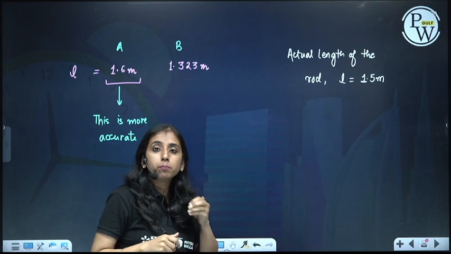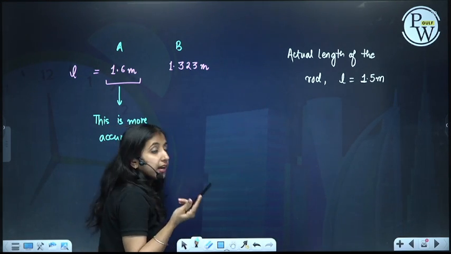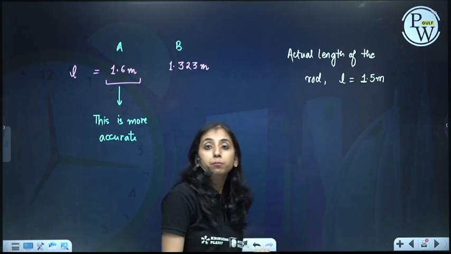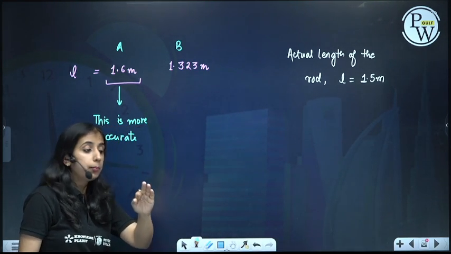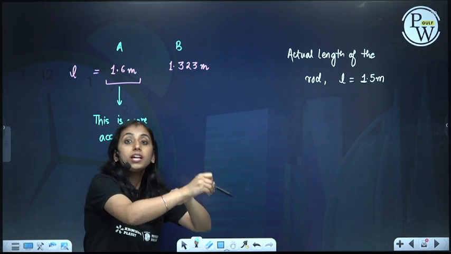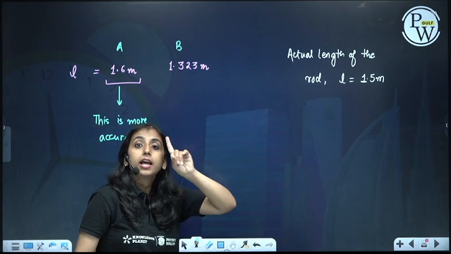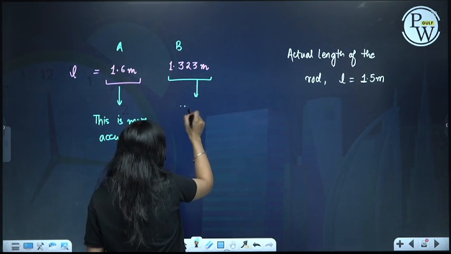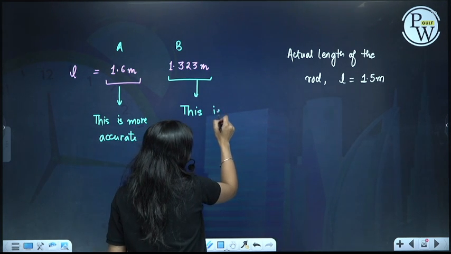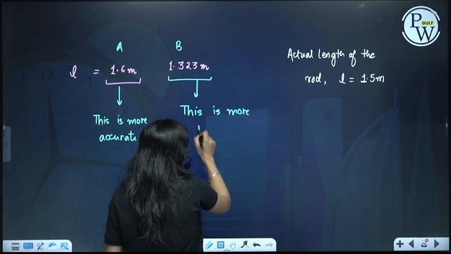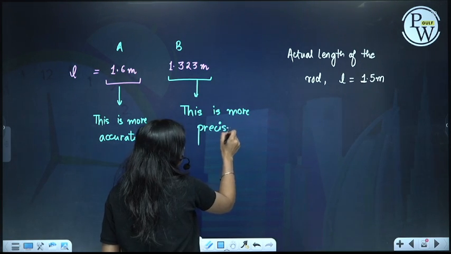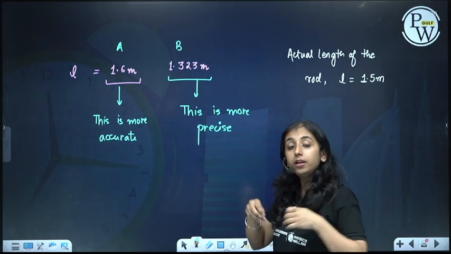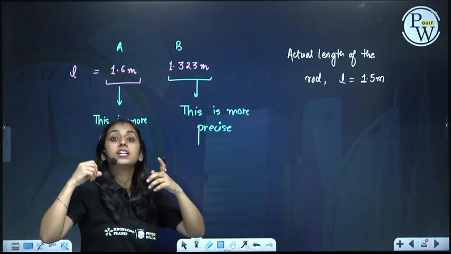In A, we can measure only up to 1 decimal place, 1.6 meters. But B can measure up to 3 decimal places, 1.323 meters. The resolution of the scale, the limit of measurement, is greater in B. So this is the more precise value.